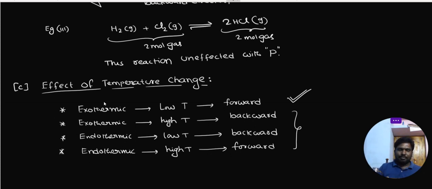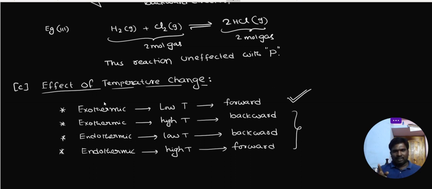That's why, up to a particular lower temperature, an exothermic reaction moves in the forward direction only. But once you exceed the temperature, that reaction starts to absorb the heat energy. That exothermic reaction will become an endothermic reaction.